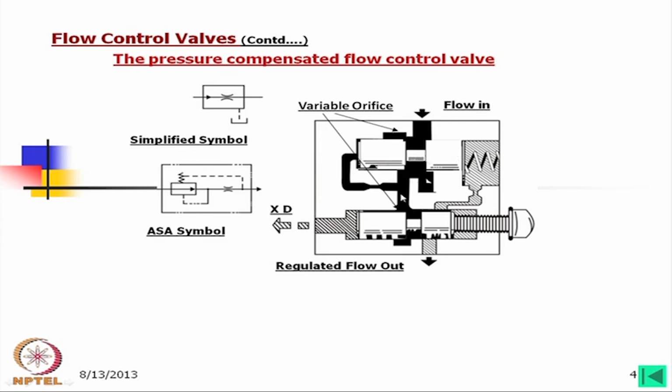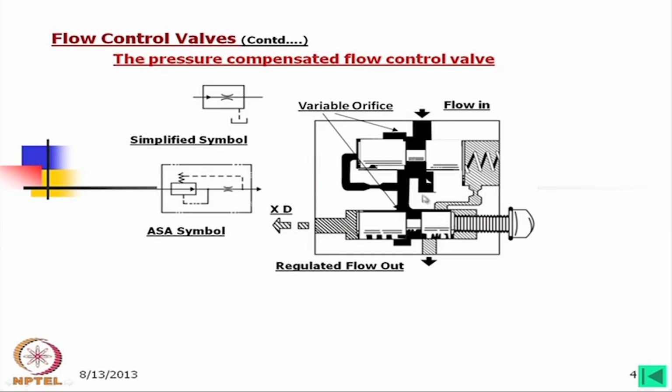Now, while this flow is coming through this, there is another spool arrangement. Through this spool, this oil can go to the other side of the main spool. Also, there is another orifice, through which it can go to the left side of the main spool. Now, this spool can be adjusted.